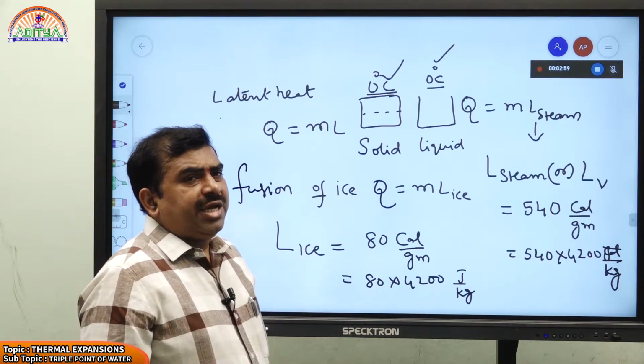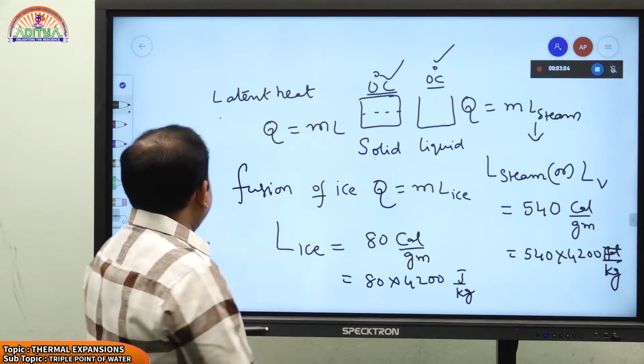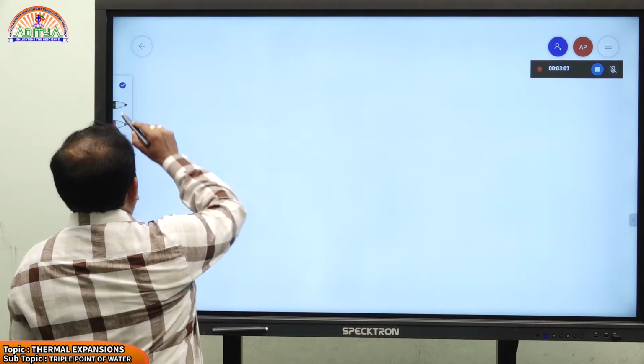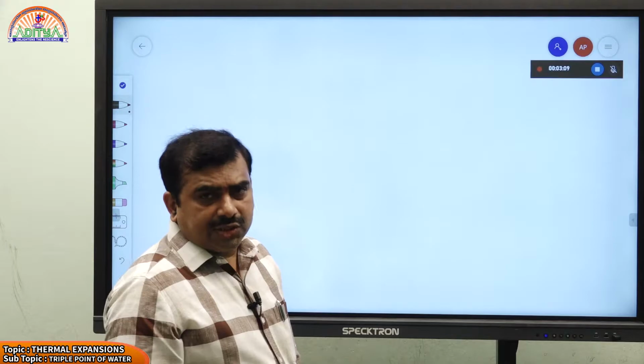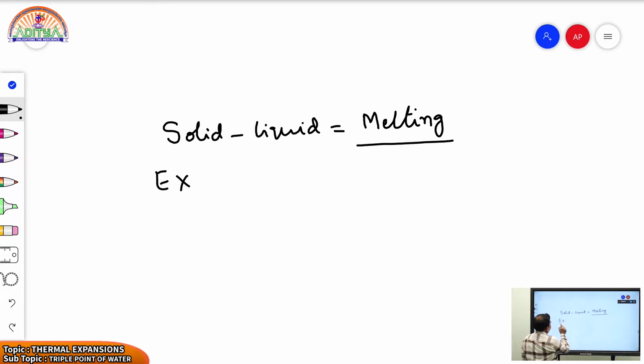And later we studied some important formulas based on latent heat. Later I said in this latent heat we can observe so many phenomena. The first phenomenon is conversion of solid to liquid, and we know that this process is called melting. Best example, look, the best example for it is ice into water.